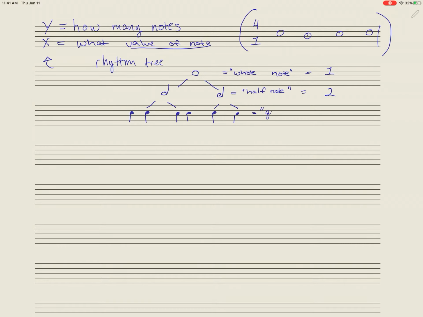I was first taught that a quarter note was a quarter note because it was a quarter of a measure, but that is not why it is called a quarter note. It is called a quarter note because it's a quarter of a whole note. And this, you might have guessed, will show up as a 4 if it was in a time signature.